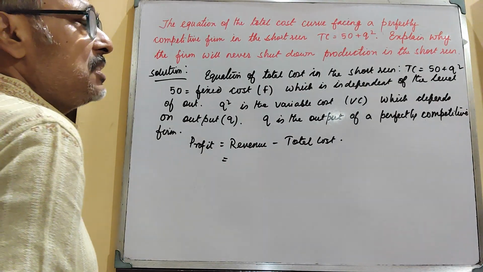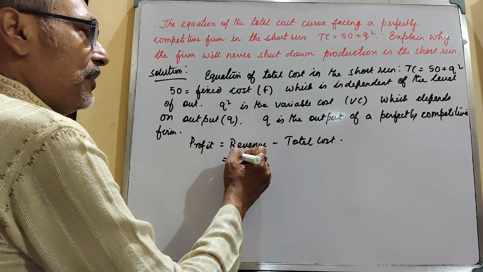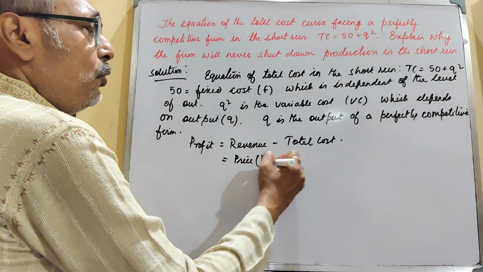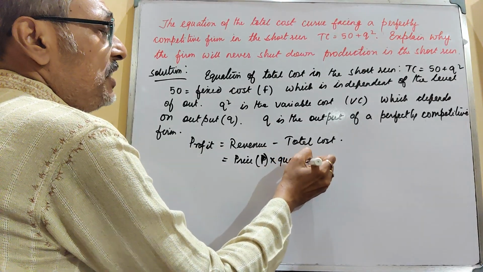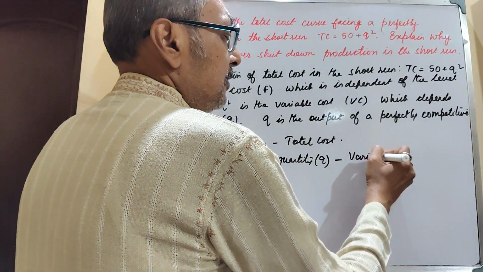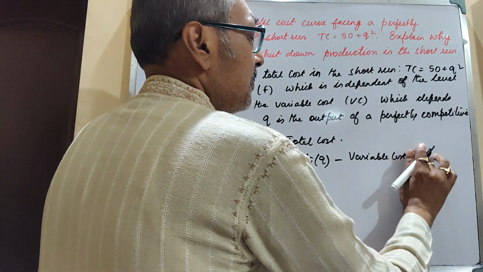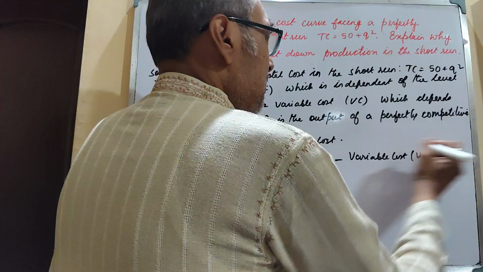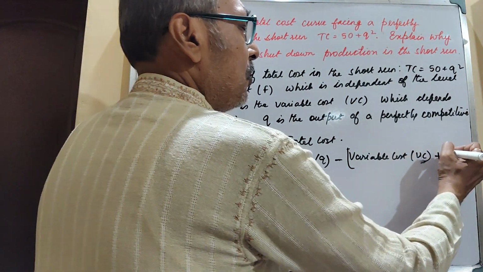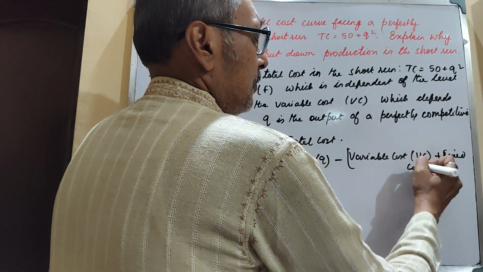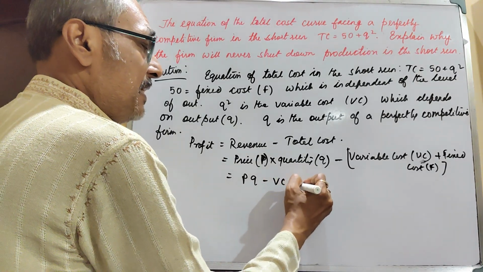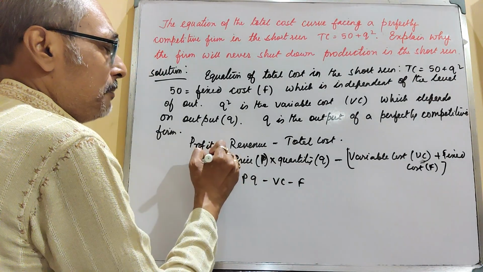Revenue is price, denoted by P, times quantity, denoted by Q, minus variable cost, VC, minus fixed cost, denoted by F. That is PQ minus VC minus F. This is profit, denoted by pi.